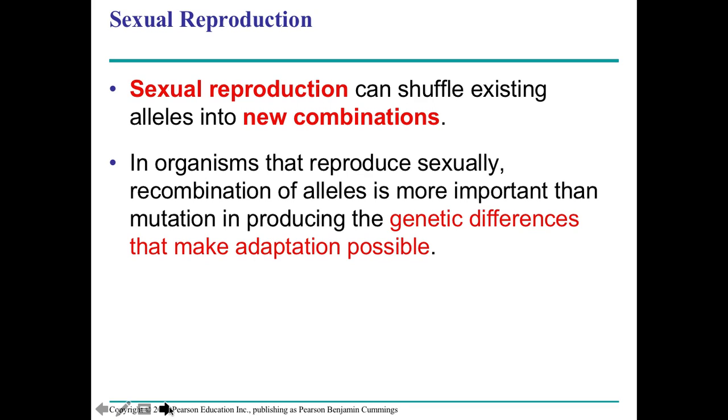When we talked about meiosis a few units ago, we talked about the chromosomes exchanging DNA with each other and how the chromosomes line up, producing many, many possible combinations of chromosomes in the baby. When organisms reproduce sexually, the alleles combining and shuffling is more important than mutations in producing genetic differences. And this shuffling of genes is what makes adaptation possible.